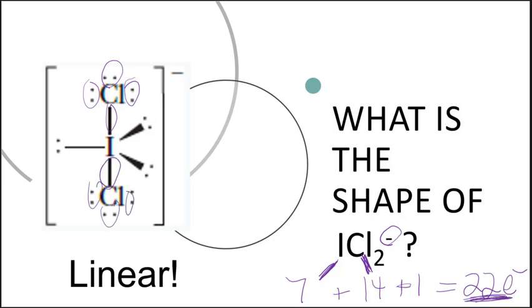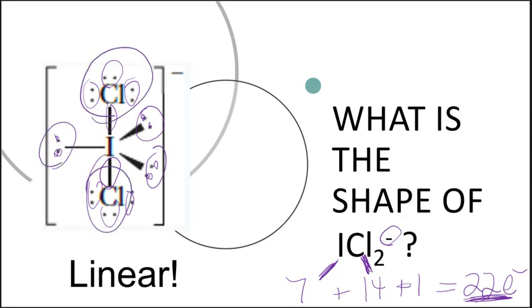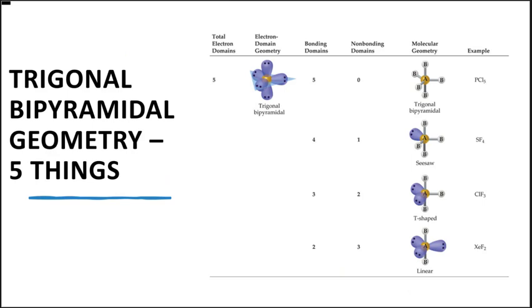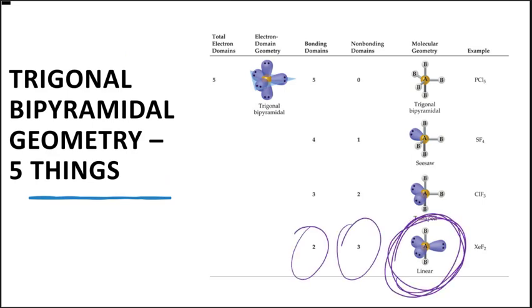I still need to get to 22. 17, 18, 19, 20, 21, 22. So off of iodine, I have 1, 2, 3, 4, 5 things. It would be trigonal bipyramidal. And if I look under trigonal bipyramidal, 2 atoms and 3 lone pairs would be a linear compound.